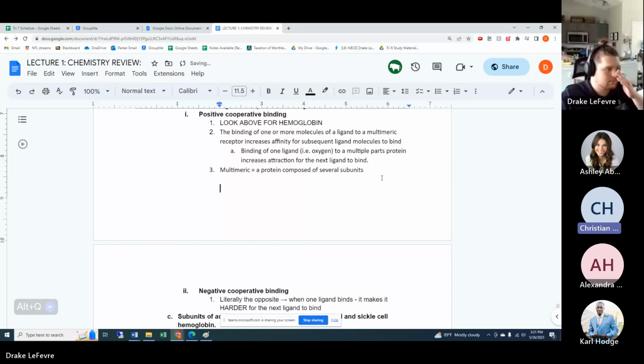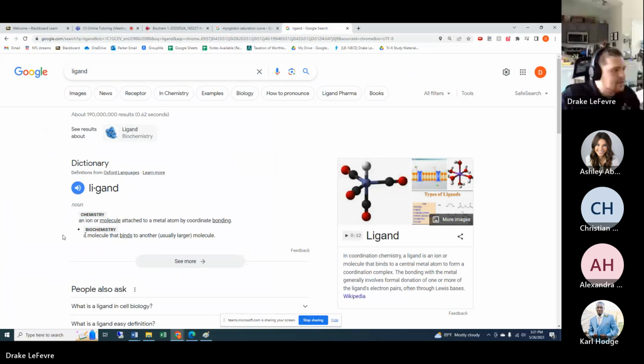Is ligand just oxygen? Ligand, bam. It's a molecule that binds to another, usually larger molecule. So oxygen is an example of a ligand, but it can also be CO2. It can be acetylcholine.